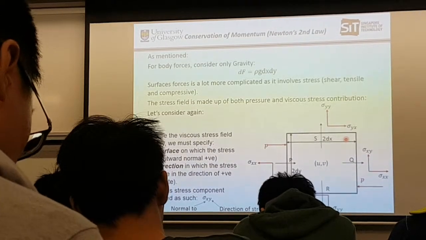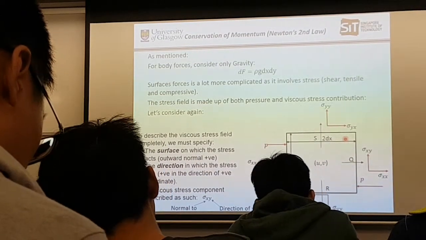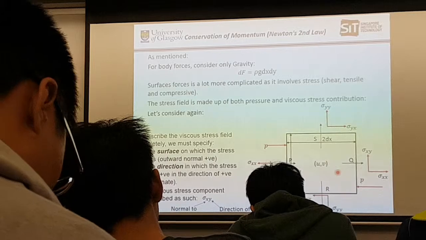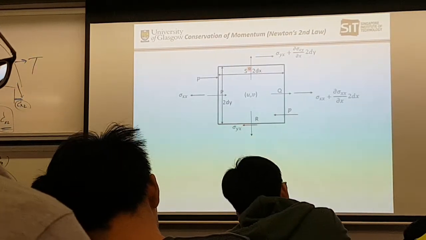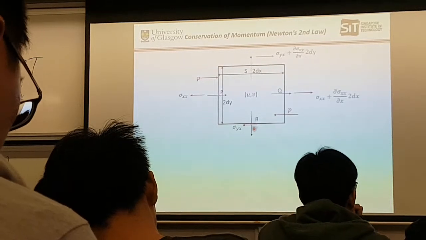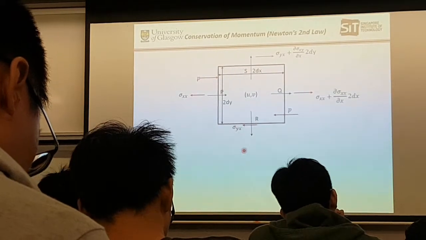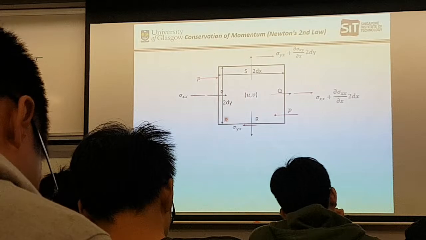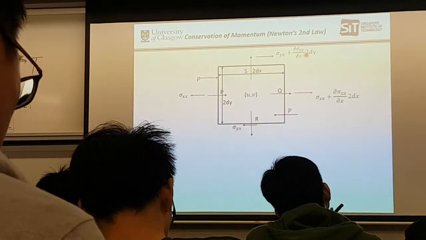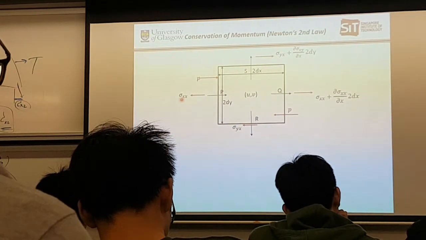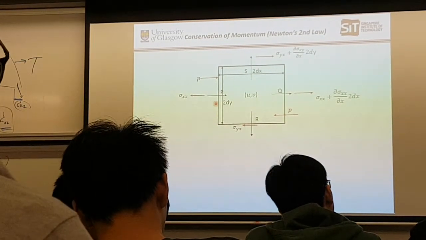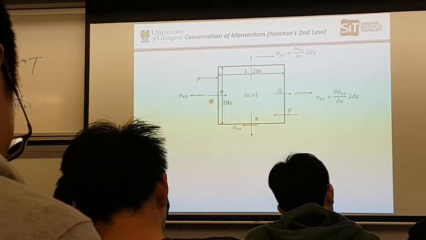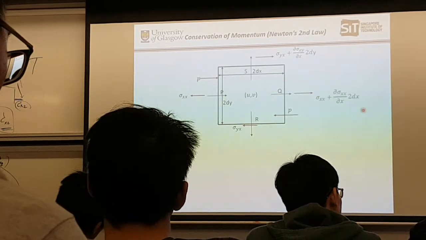We can simplify this again because you have your u and v. If this is my y-axis, I move a distance of 2 dy, so I have a 2 dy value here. This is my x-axis, and I can also find the change from this location to this location. From P to Q, the distance is 2 dx.